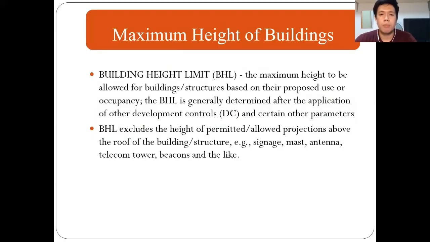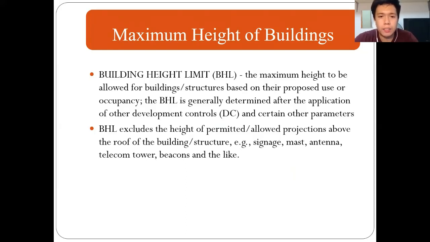Maximum height of buildings. Building height limit, or also known as BHL, is the maximum height to be allowed for building structures based on their purpose, use, or occupancy. The BHL is generally determined after the application of other development controls and certain other parameters.